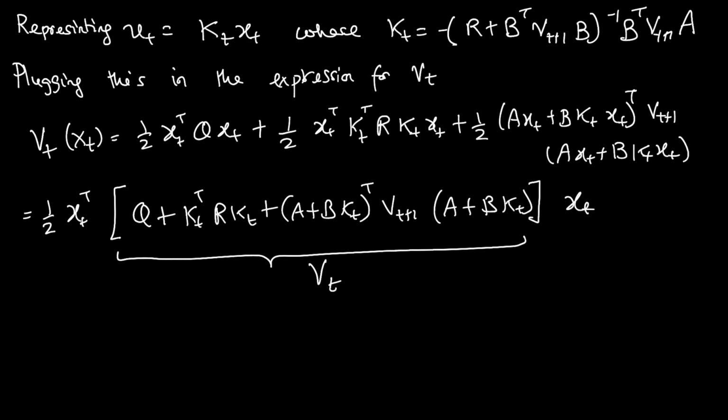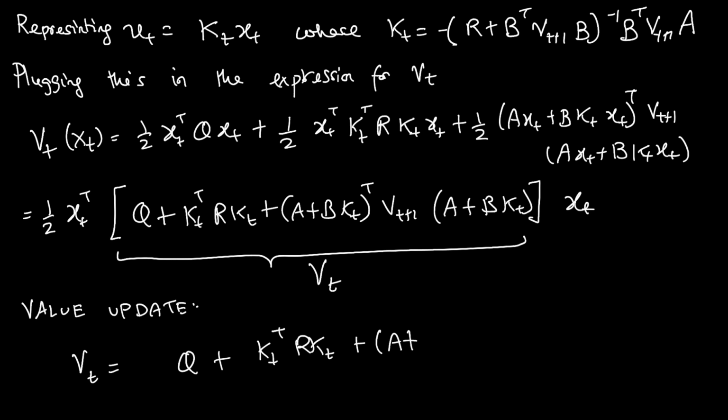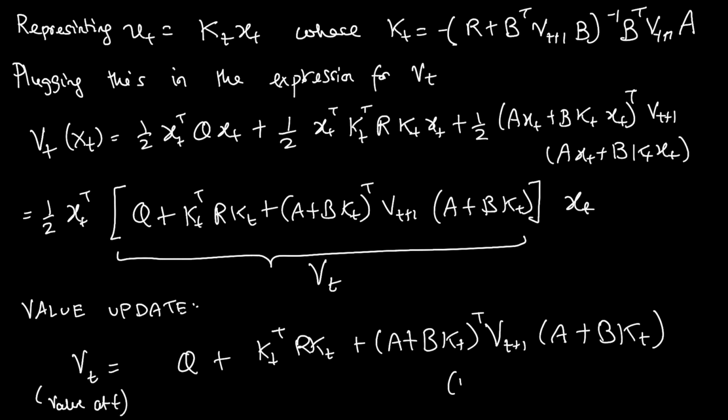In fact, we get a really elegant expression for updating the value coefficients over time. So the value at time t is linked to the one-step cost matrices, the gain matrices, and the value at the next time step, t plus 1.